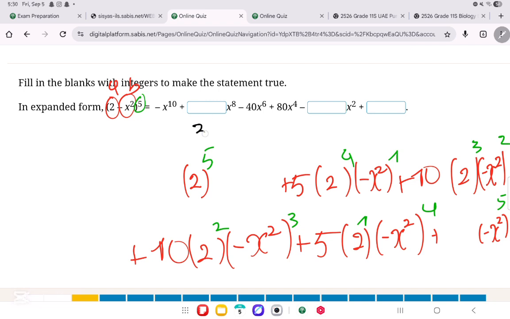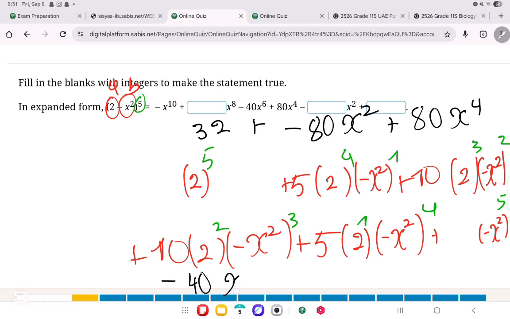It's going to be 32 plus minus 80x to the power of 2, plus 80x to the power of 4. And then this one is how much? This one is minus 40x to the power of 6, plus 10x to the power of 8, minus x to the power of 10.